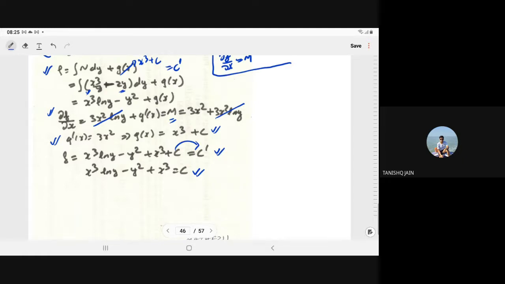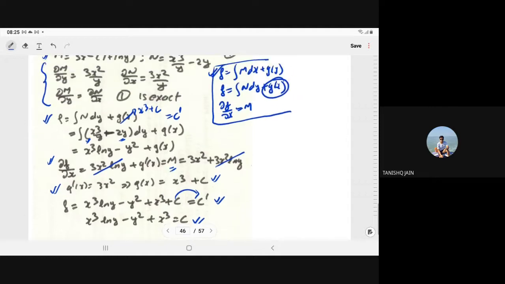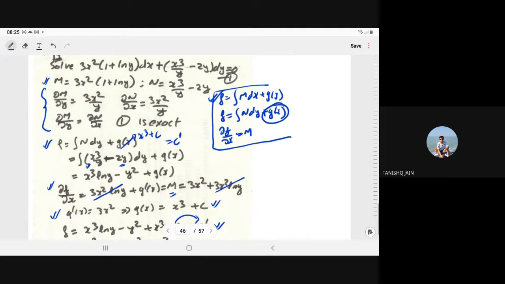That is your solution. So sometimes, instead of doing integral M dx, if you prefer to perform the integral N dy, then it is easy. Sir, how can we observe directly from the question which form to use, M dx or N dy?